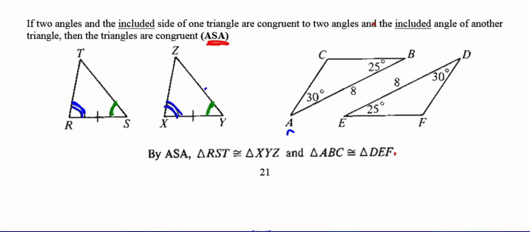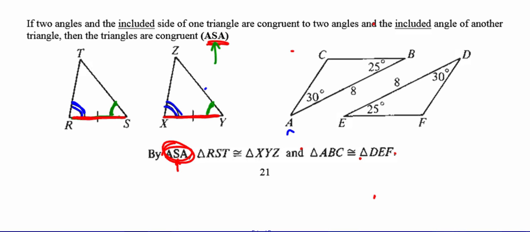In order to have this angle side angle criteria, notice that the side is between the angles, right in the name. I have to have the side that joins those 2 angles together. So the side that joins the blue and the green angle together in the first triangle is that red side. The side that joins those 2 angles together in the second triangle is also the red side. So that is indeed what angle side angle is going to look like.